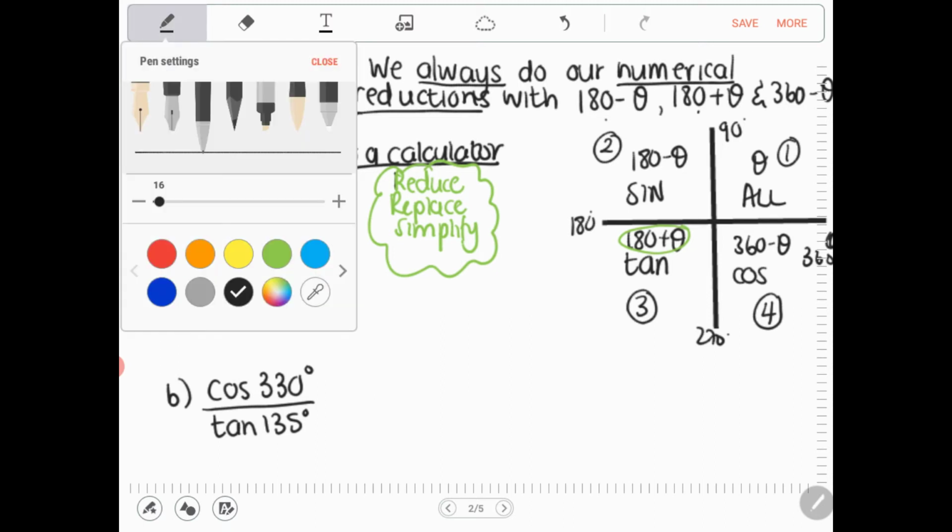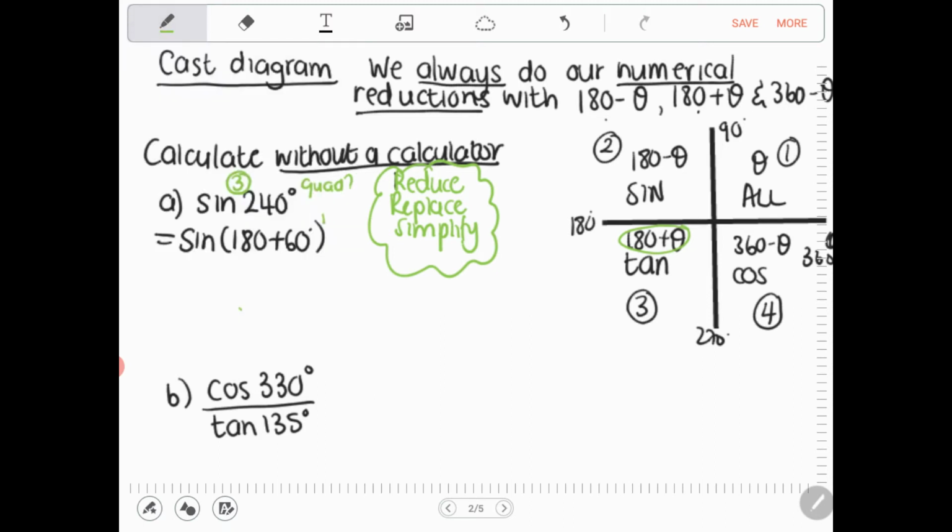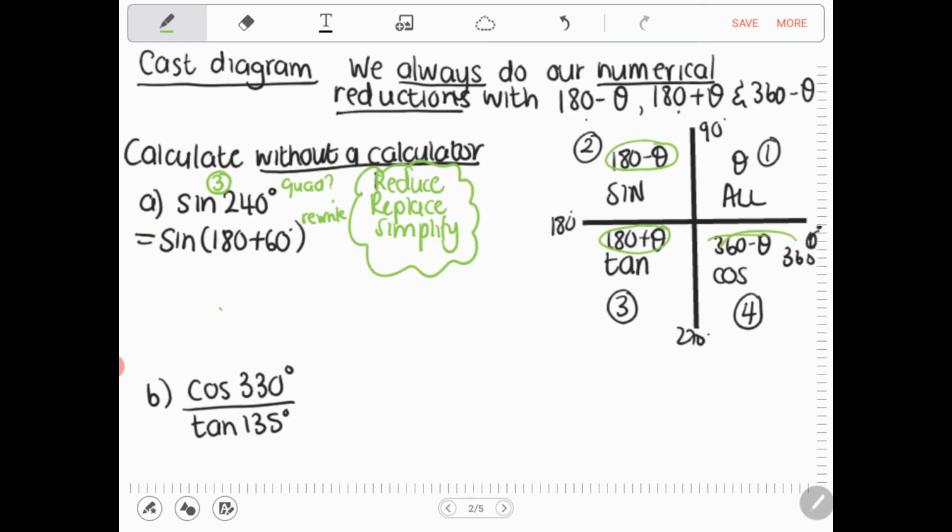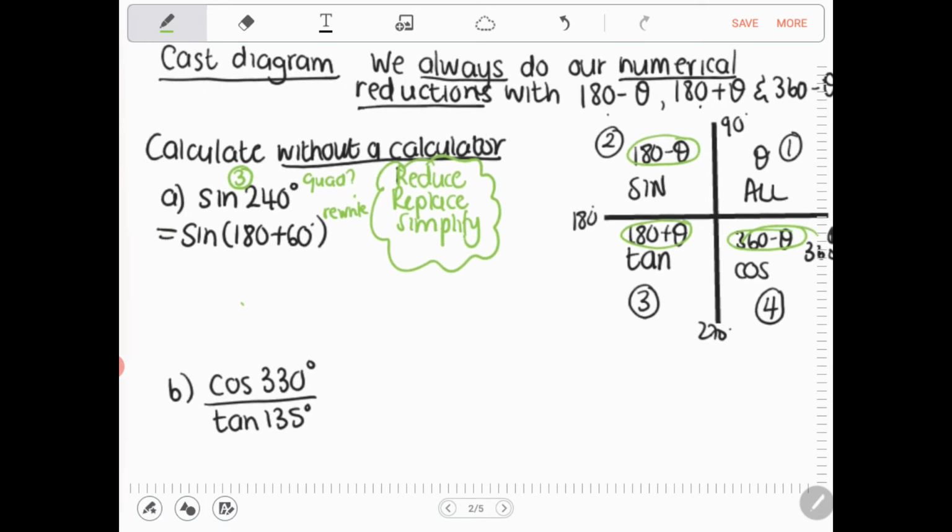So you have to rewrite it using either the 180 minus, 180 plus, or the 360 minus. It's got to be one of those that we use. And if it's third quadrant, it has to be 180 plus.